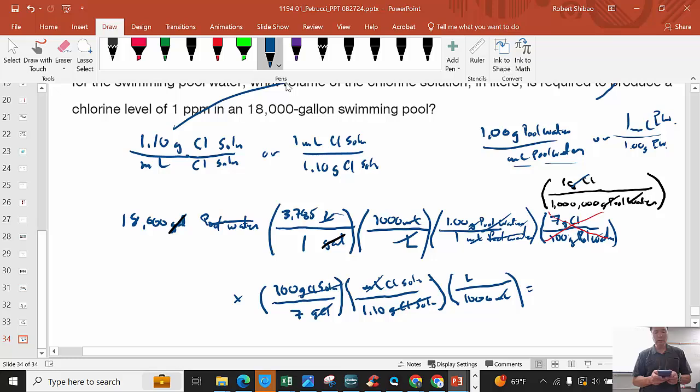Divided by 1.1. Divided by 1,000. And this is what I get: 0.8848 liters of chlorinating solution.